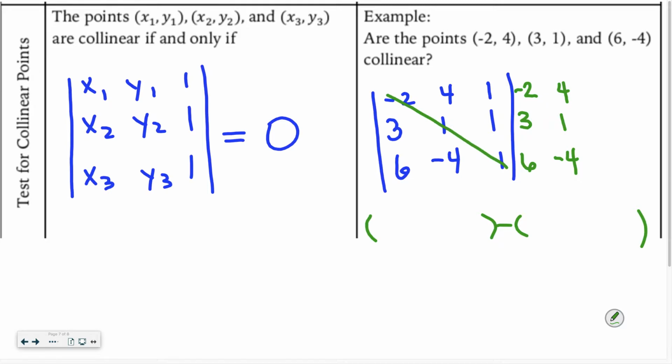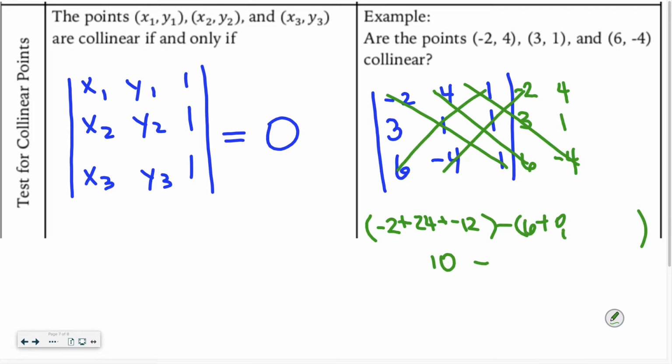Okay, so we should have -2 plus 24 plus -12 in that first, which gives us 10. Minus our up diagonal, which should give us 6 plus 8 plus 12, which would give us 26.